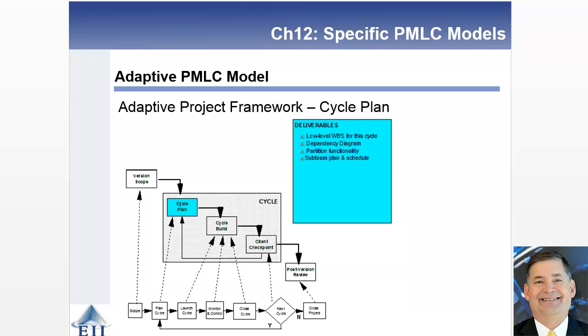So when we look at that cycle phase, what we're going to do as we start off, we've got the version scope already, but we're going to build a low-level work breakdown structure, look at a dependency diagram, and then start to come up with sub-team plans and schedules associated with this specific cycle.